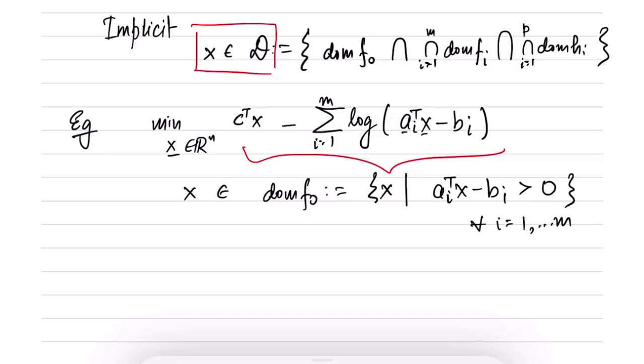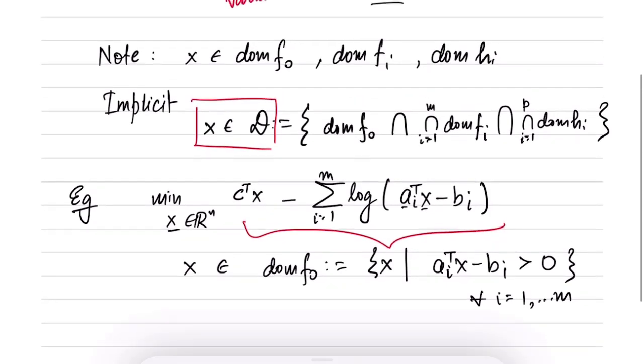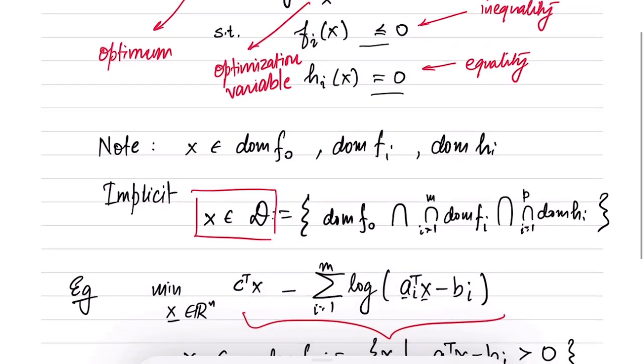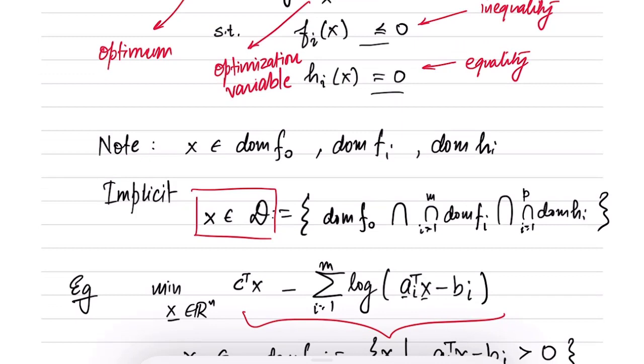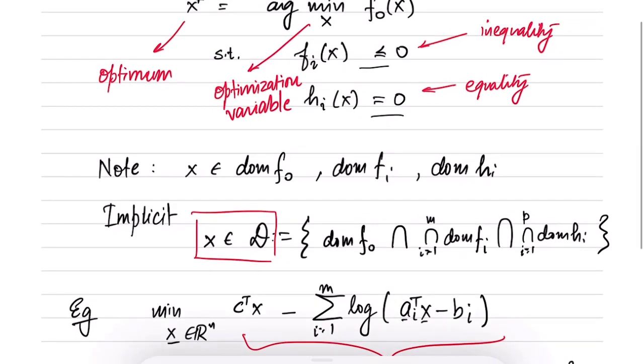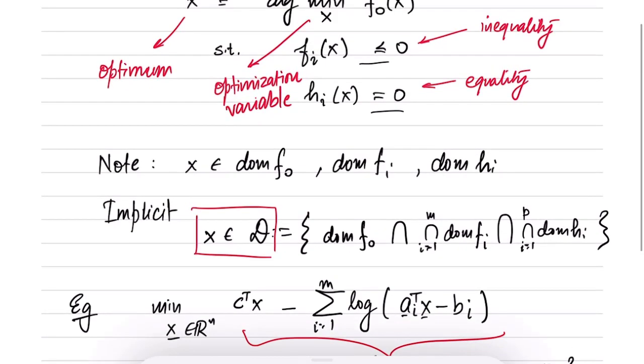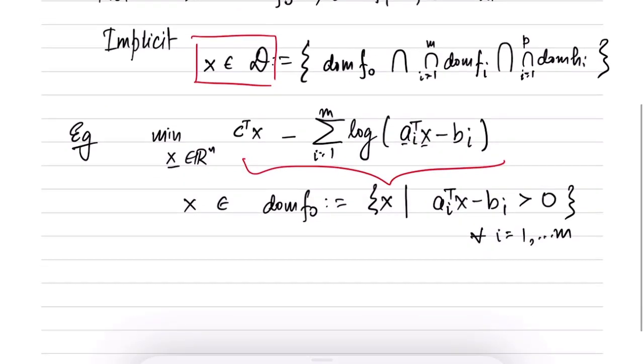So this is the domain restriction, and whenever you are looking at any problem, you have to be careful that it may be associated with some implicit constraints arising from the domain of various functions. So here x star is the optimum solution.